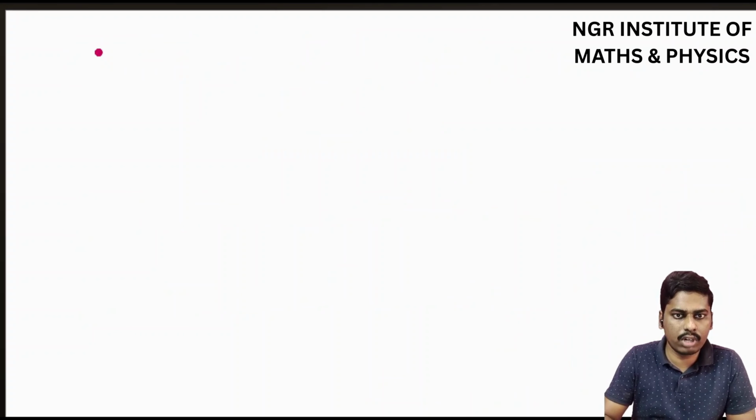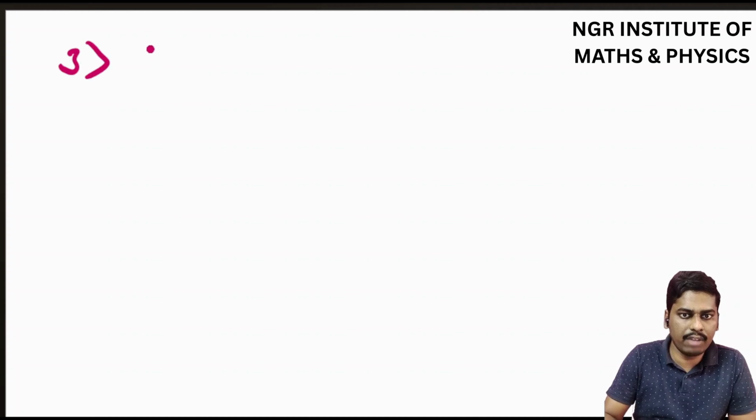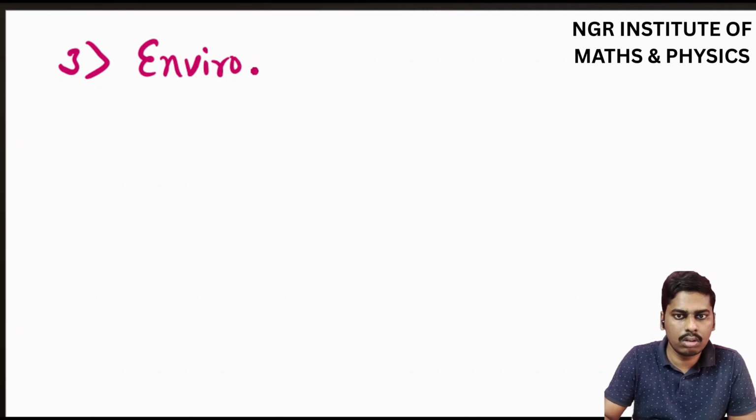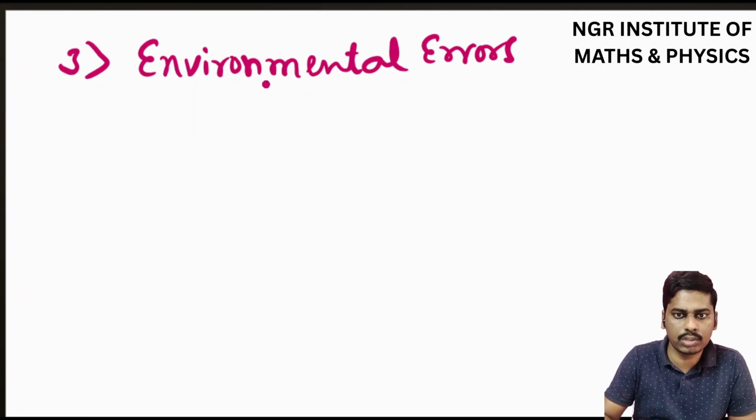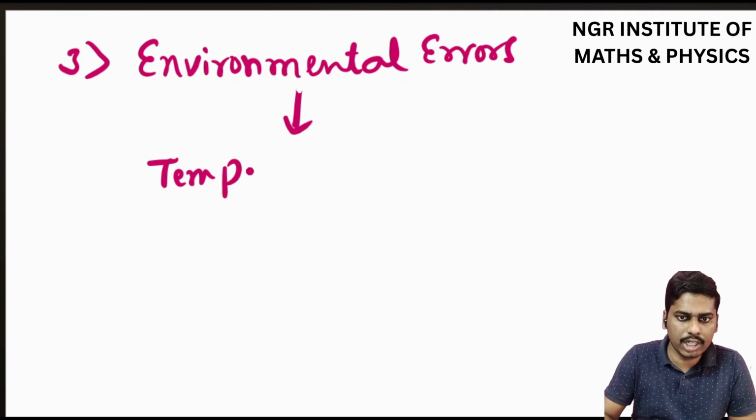Coming to the third one, that is environmental errors. Environmental errors are those errors which occur because of the temperature change.